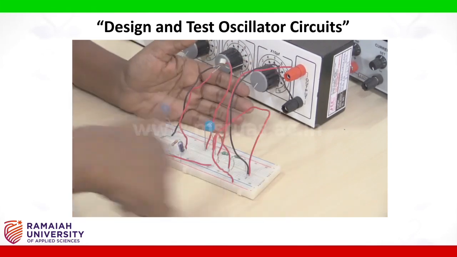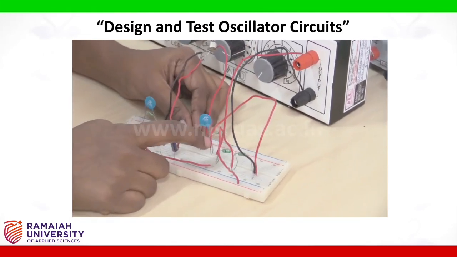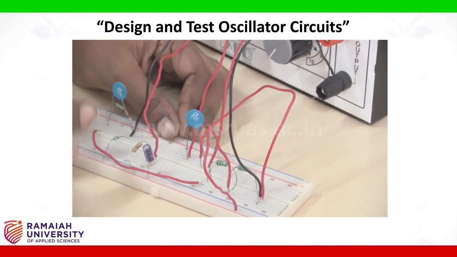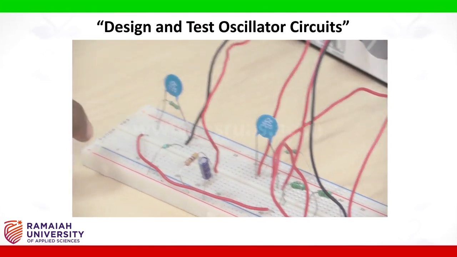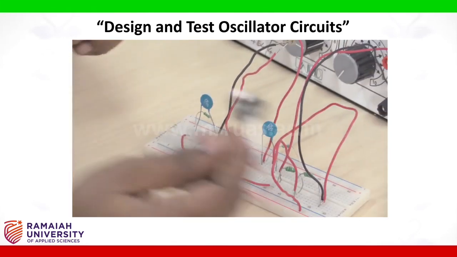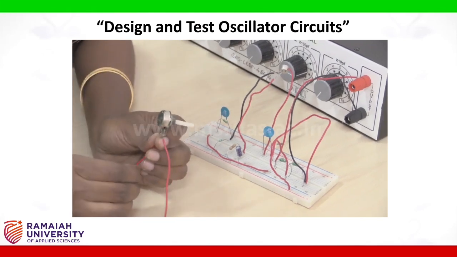Now we need the oscillation to happen. We need the circuit to give oscillation at the collector terminal. But to get these oscillations, this is not sufficient. So what we do is include a pot for tuning the output response.